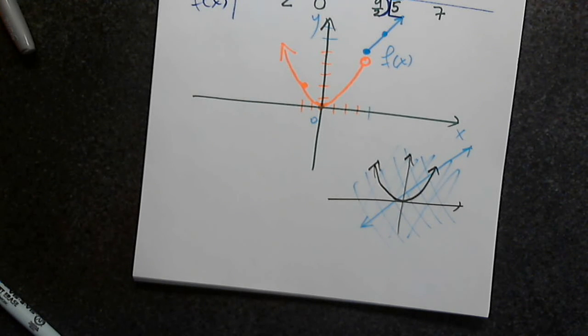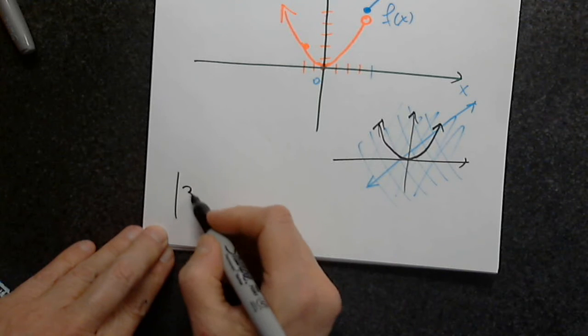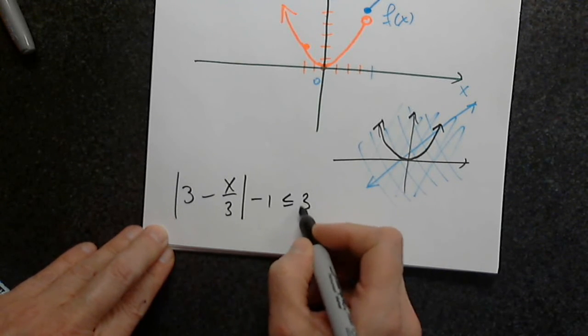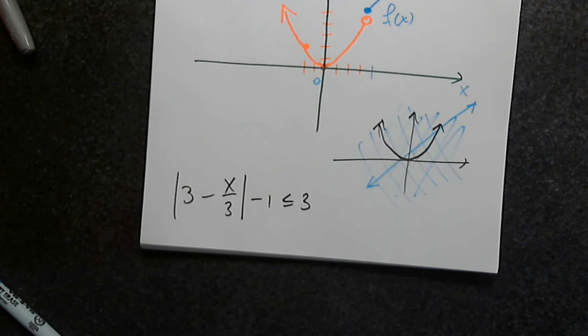Okay, in 2b we have the absolute value of 3 minus x over 3 minus 1 less than or equal to 3. What type of equation is this? I'm sorry, what type of inequality is this? Forgive me.